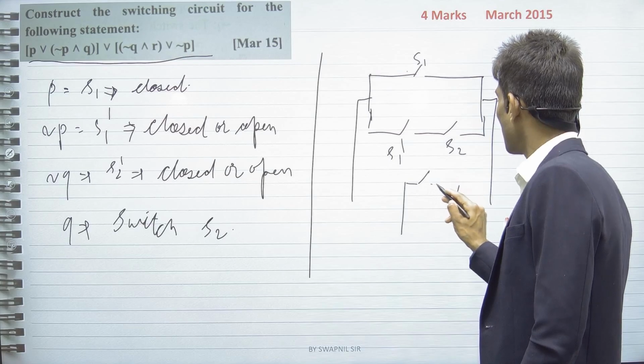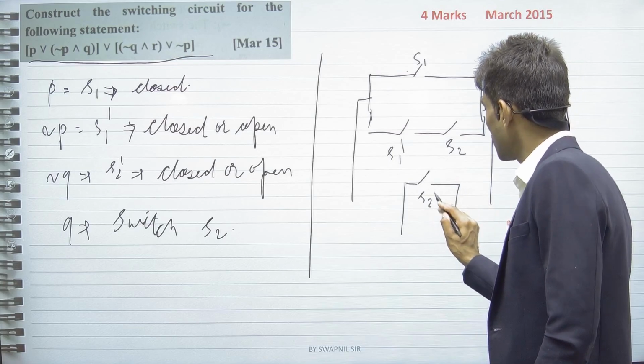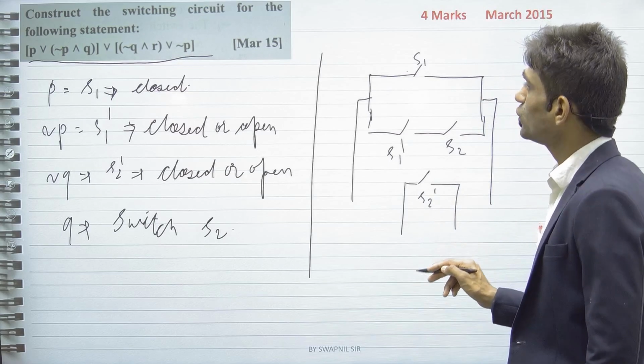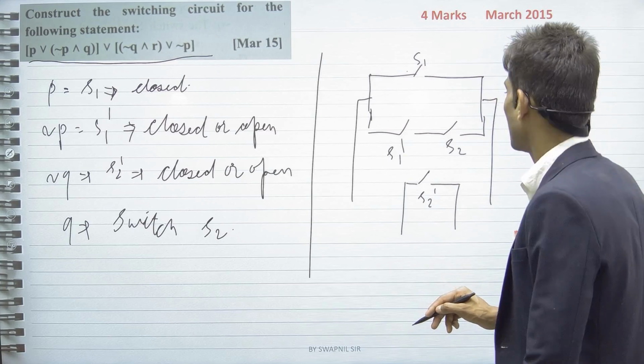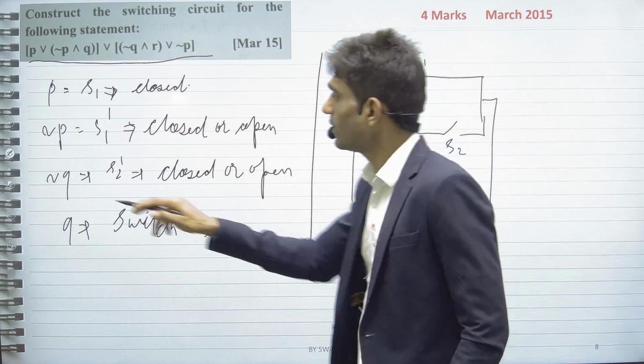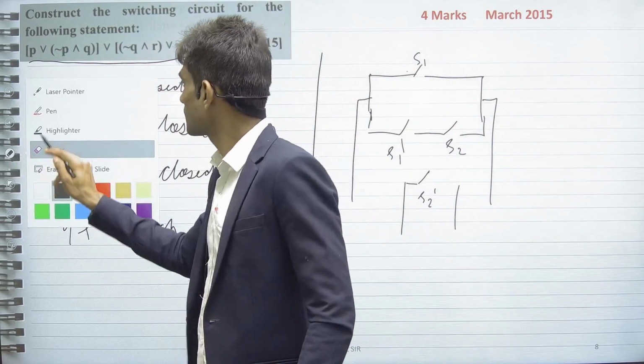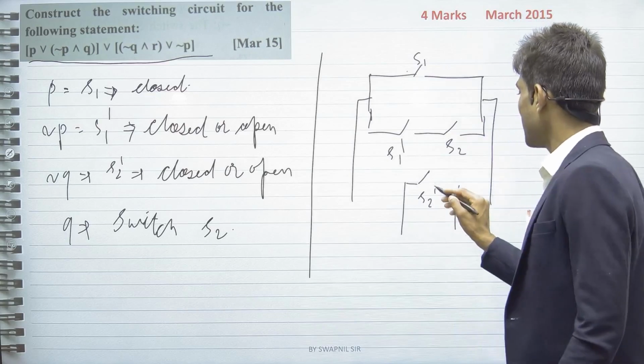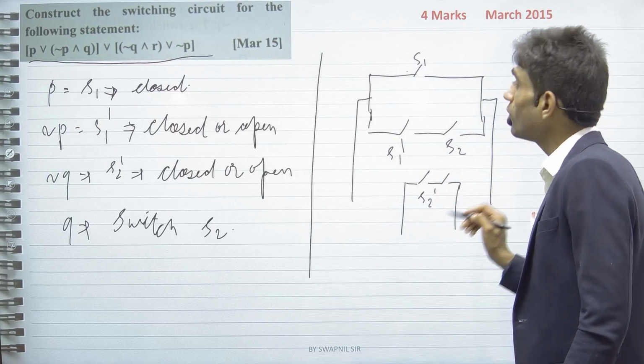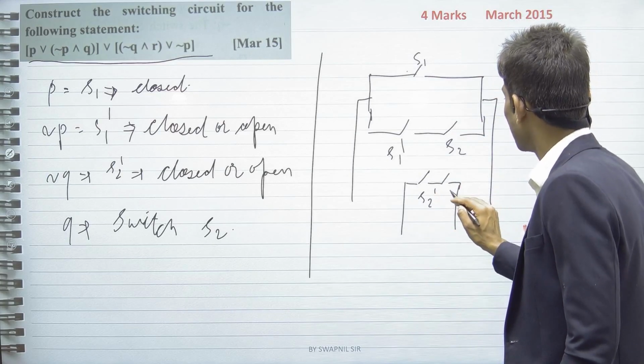Negation of Q, consider S2 dash, and negation of Q and R, R is there, one more switching circuit remains, okay. Negation of Q and R, that means S2 dash, again negation of Q and R, that means S2 here.